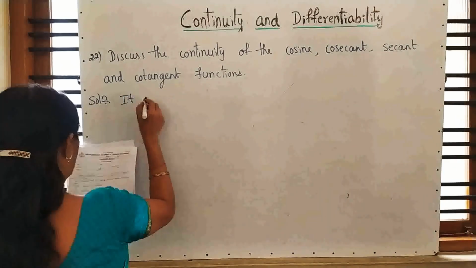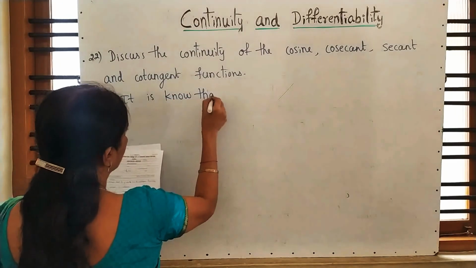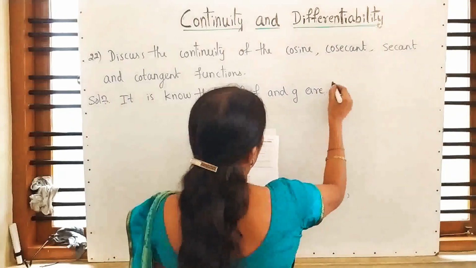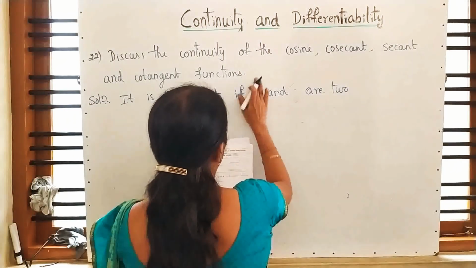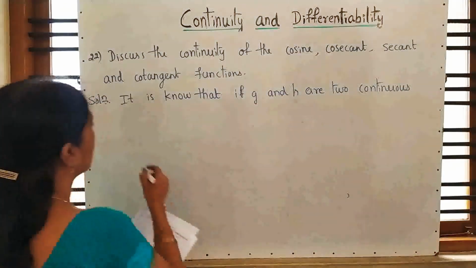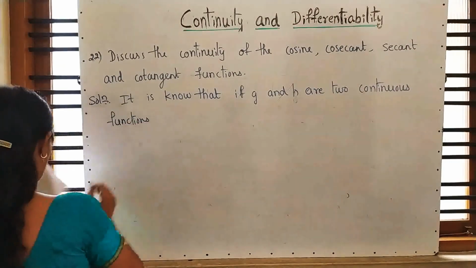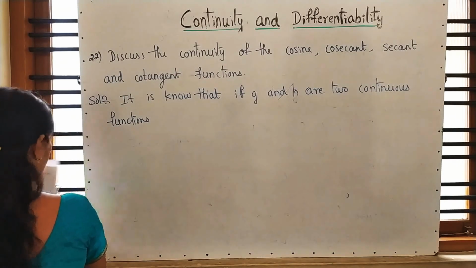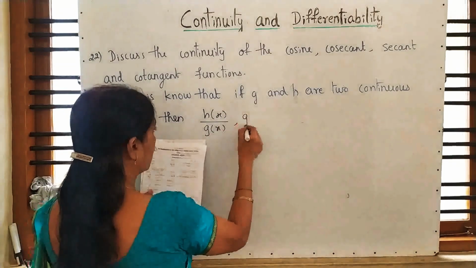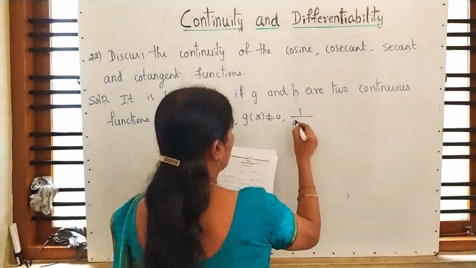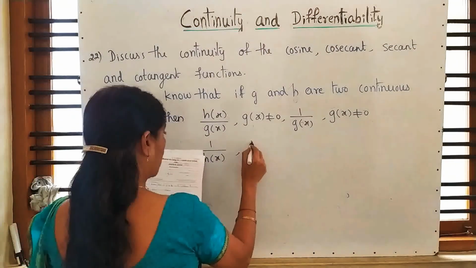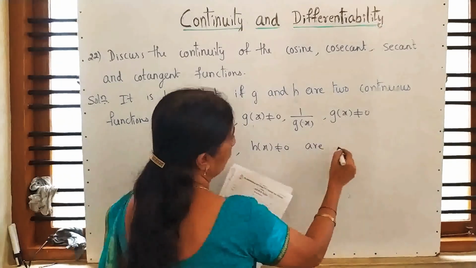So here, it is known that if f and g, better to take g and h, are two continuous functions, then h of x upon g of x, where g of x is not equal to 0, 1 upon g of x, where g of x is not equal to 0, and 1 upon h of x, where h of x is not equal to 0, are also continuous functions.